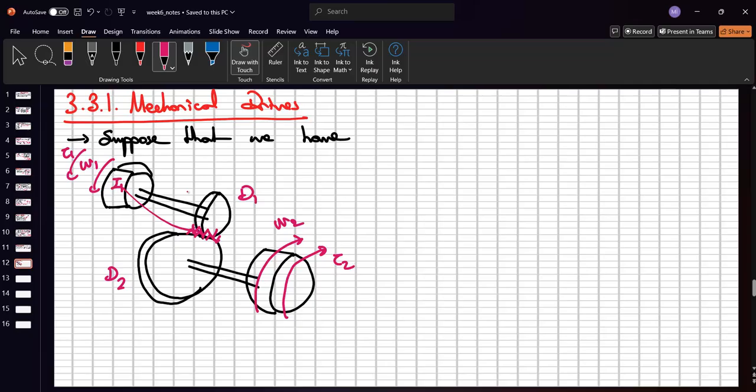Okay, and so, how can we model these terms? Firstly, we need to define a new constant, n. N is the ratio between theta 1 and theta 2, right?